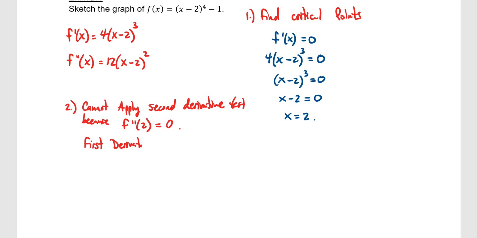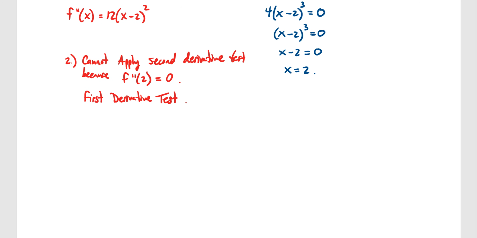So applying the first derivative test, we're going to have to come up with a table, using the value of 2 and seeing what happens to f prime and how that affects f. So pick a value to the left of 2 and to the right of 2. It's going to be easiest to plug in a 0 and then plug in a 3.